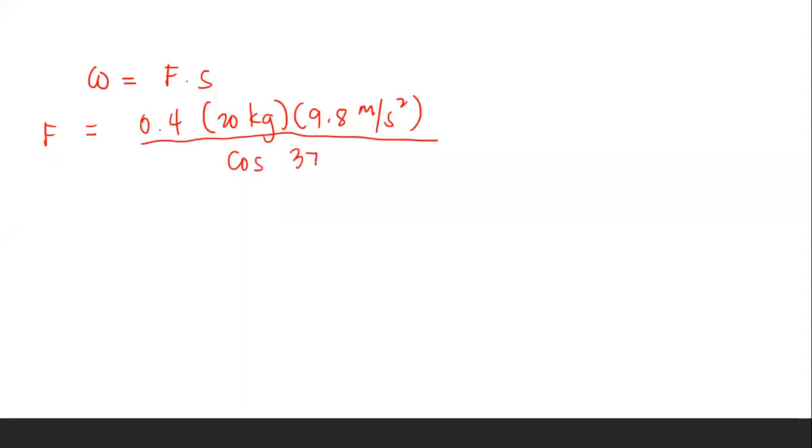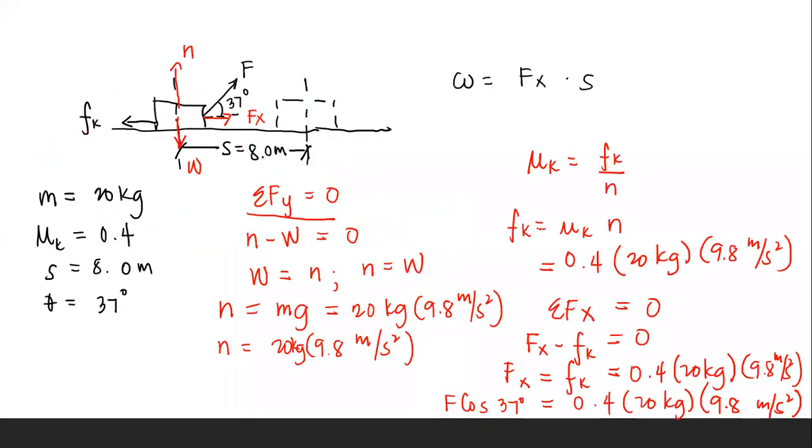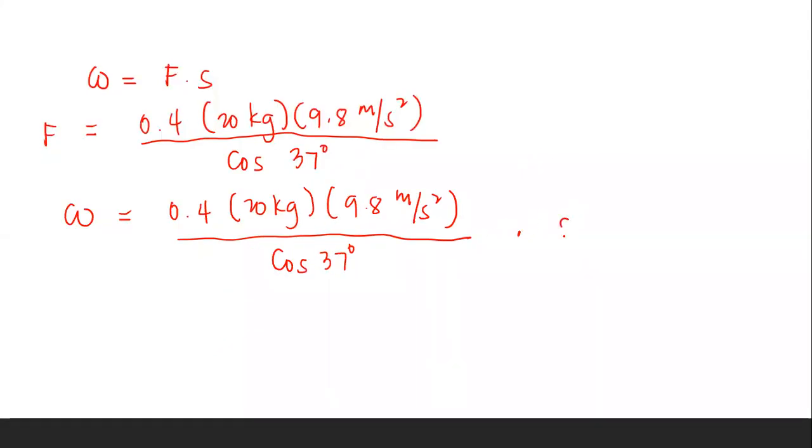For work now, substitute: 0.4 times 20 kilogram times 9.8 meter per second squared over cosine 37 degrees times S, which is 8.0 meters.